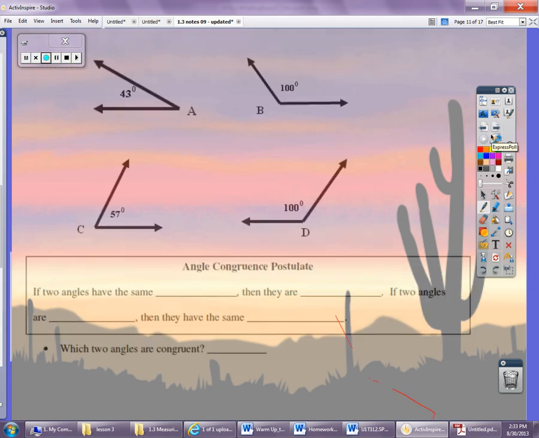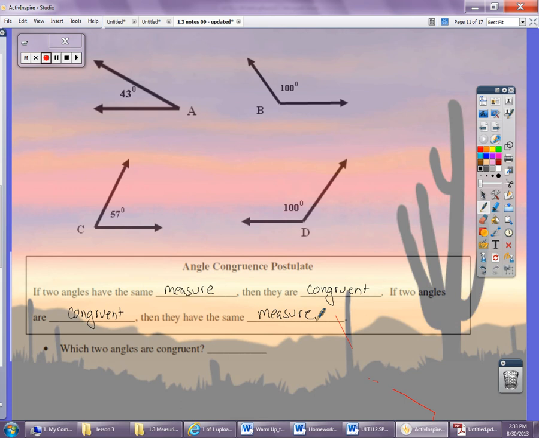Now if we look at, we have a couple angles up here, A, B, C, and D. Now the angle congruence postulate says if two angles have the same measure, then they are congruent. And if two angles are congruent, then they have the same measure.